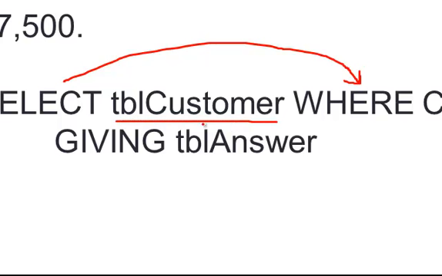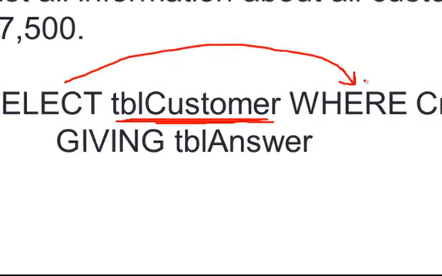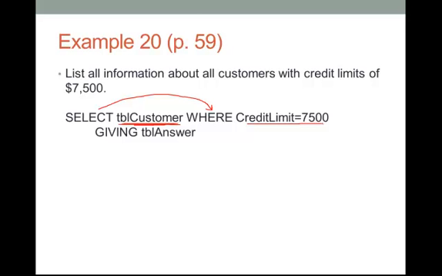A select is always a row. So this is the table that I want a row of. So I'm saying select a row of this table where the credit limit equals 7,500. All of the rows in this table where the credit limit is 7,500 are going to be stored in a temporary table, again called table answer.